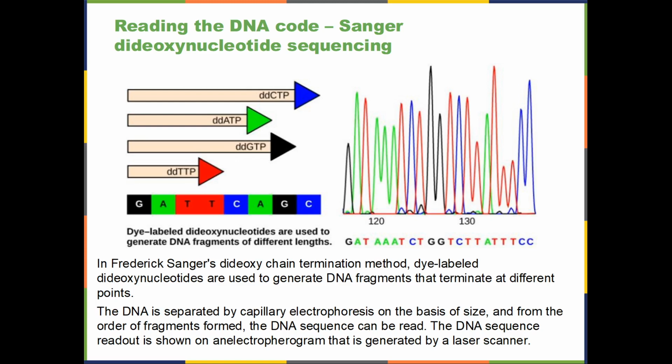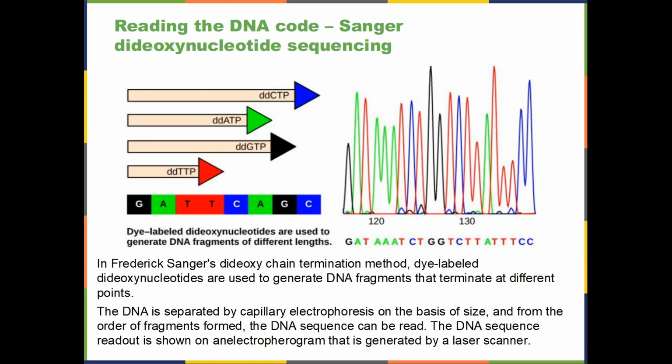We need to know what letters, what sequence these letters are in, what order. Sanger sequencing allowed us to do this, and the way it did it is by allowing DNA replication to occur. DNA replication is where we're making more DNA. So he had 4 tubes.